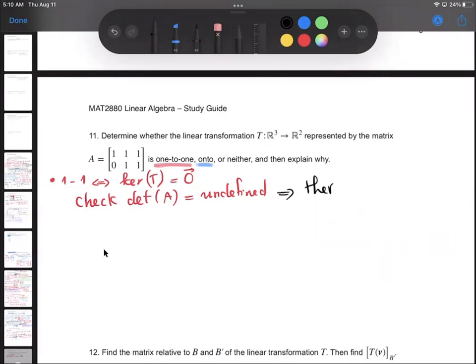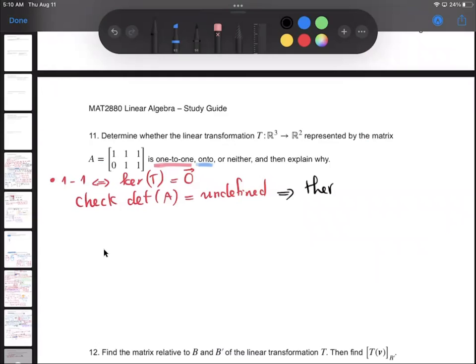Kernel of T is not equal to 0. This implies T is not 1-to-1. In order to prove that it's 1-to-1, you need to prove that the kernel of T is equal to 0, but in this case it's not, so it is not 1-to-1.